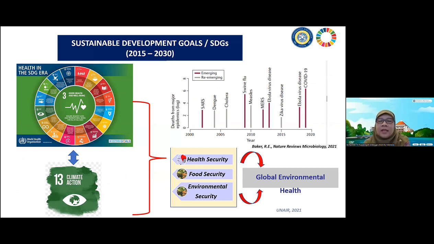So the important thing is we should do the global environmental health in the meaning of health security, food, and also environmental security. Why? Because the environment is not only the biological material among us, like virus, bacteria, but we are also concerned with the non-biological material.